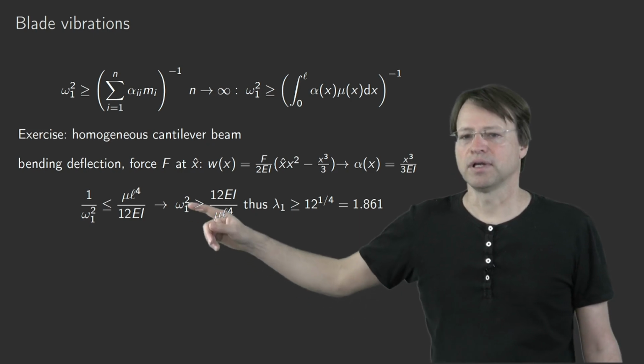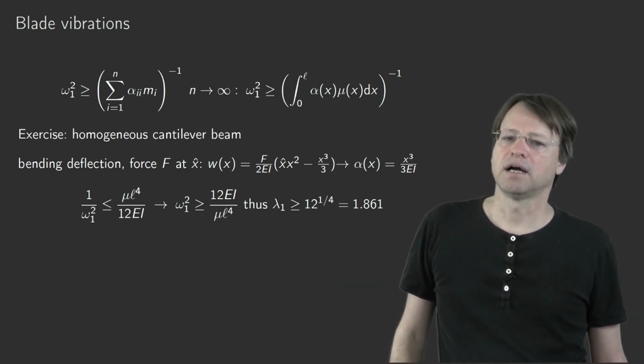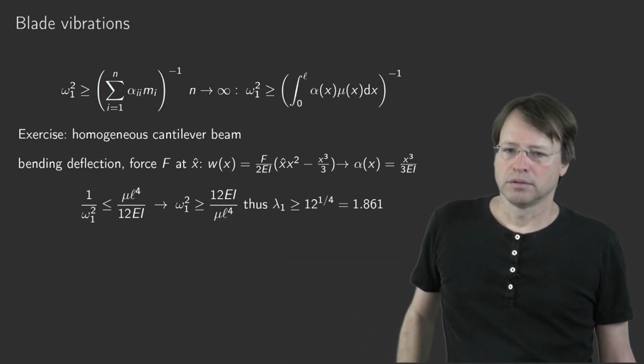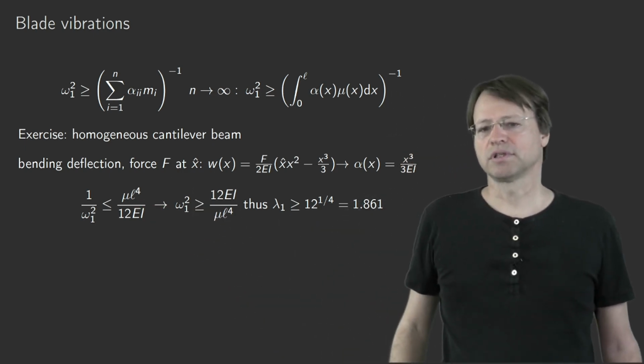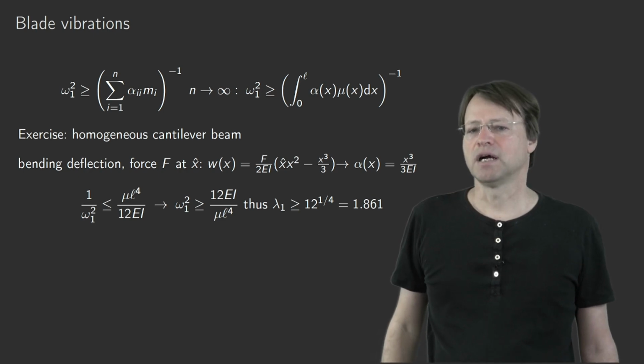So clearly then you get mu L to the fourth power, 12 divided by EI. And then you switch the denominator on both sides, so you get omega 1 squared is larger than 12 EI divided by mu L to the fourth power.